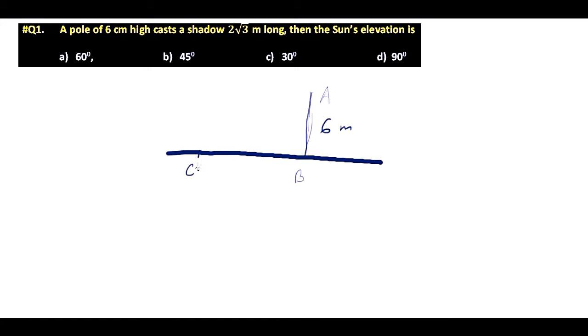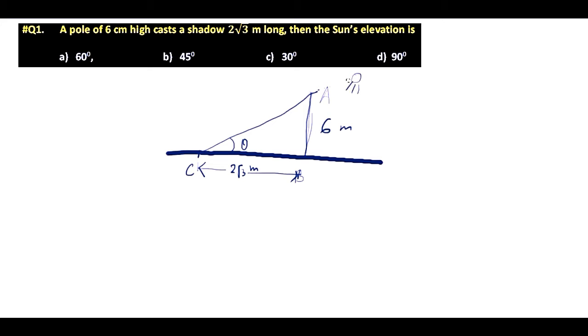Then suppose this is the length of the shadow, this BC, and they have given this as 2 root 3 meter. So this is the rough figure, and they are now asking you to find this.